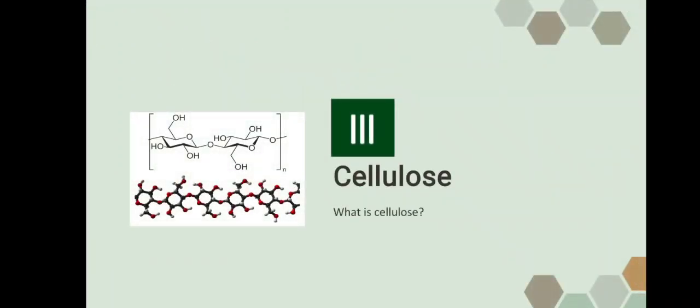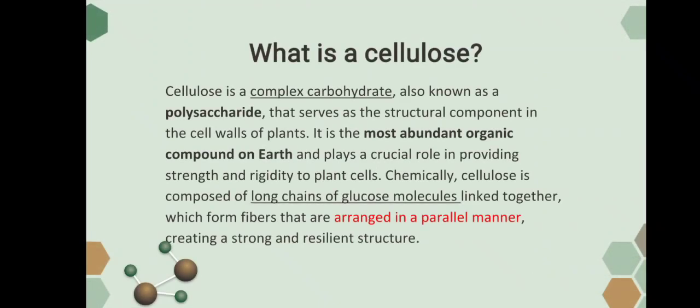So cellulose. What is cellulose? Cellulose is a complex carbohydrate, also known as a polysaccharide. A polysaccharide is a combination of monosaccharides.